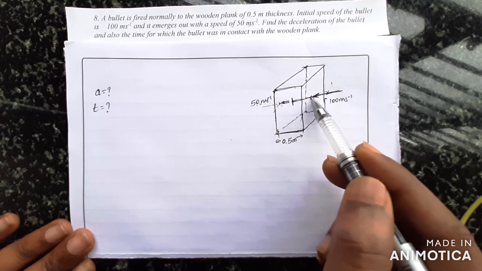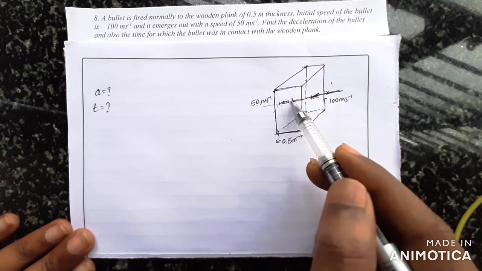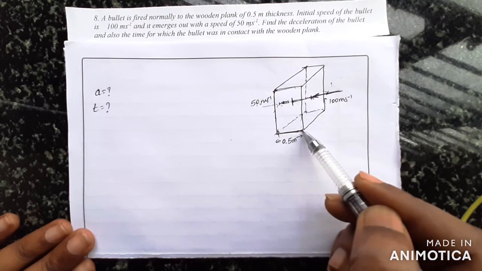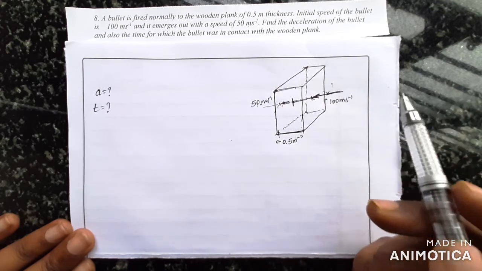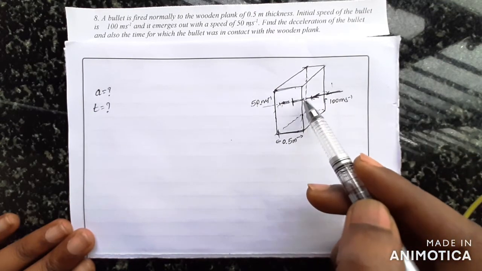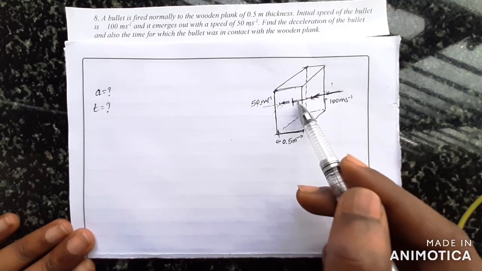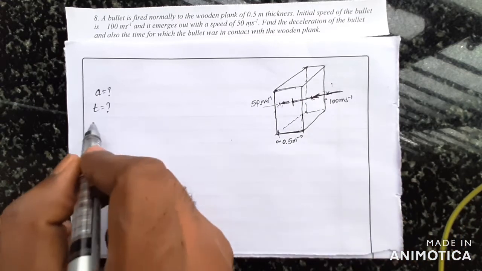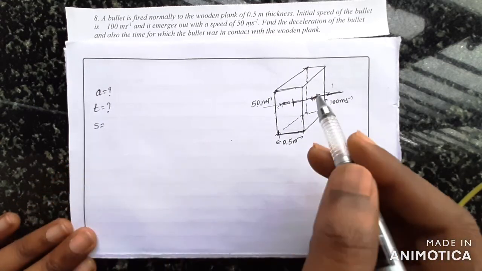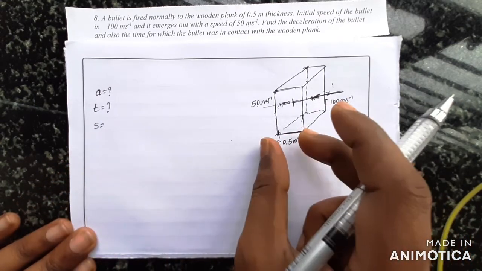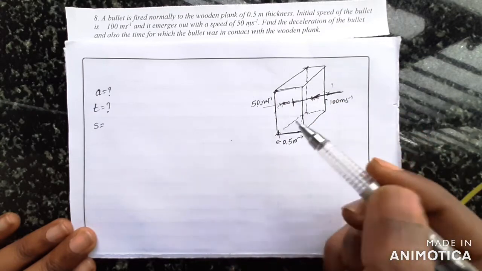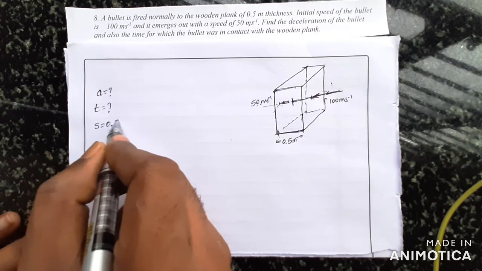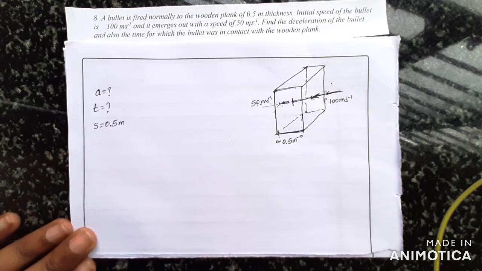The distance travelled by the bullet is equal to the thickness of the wooden plank, right? More the thickness, more the distance travelled. So S is equal to 0.5 meter.